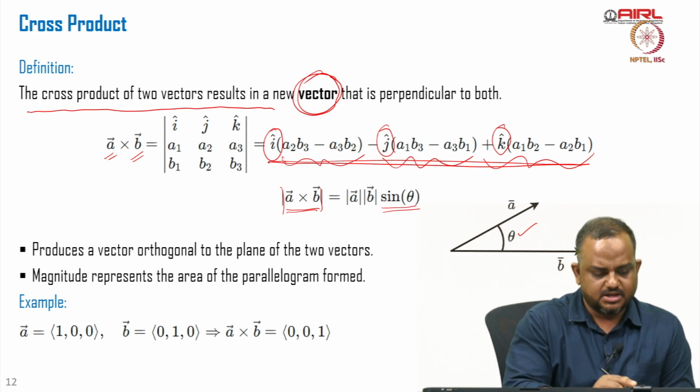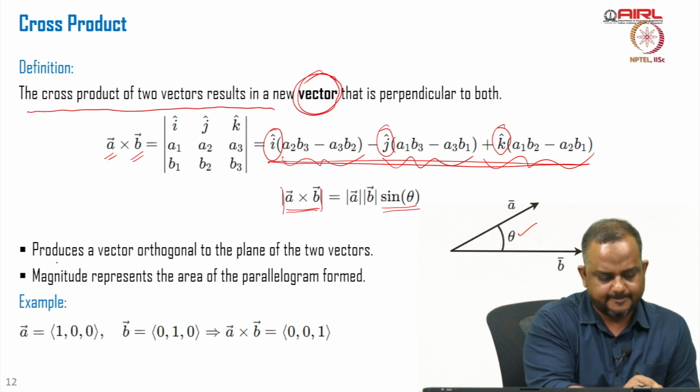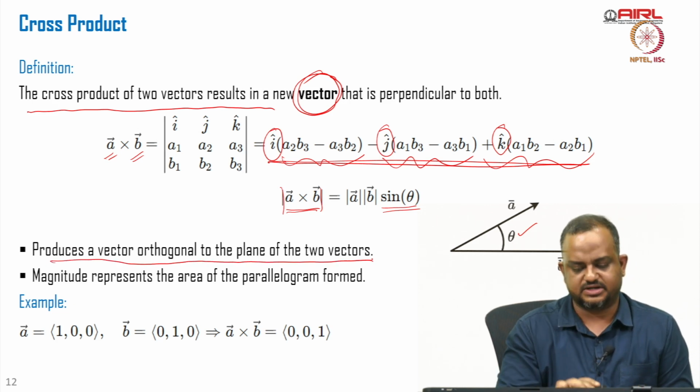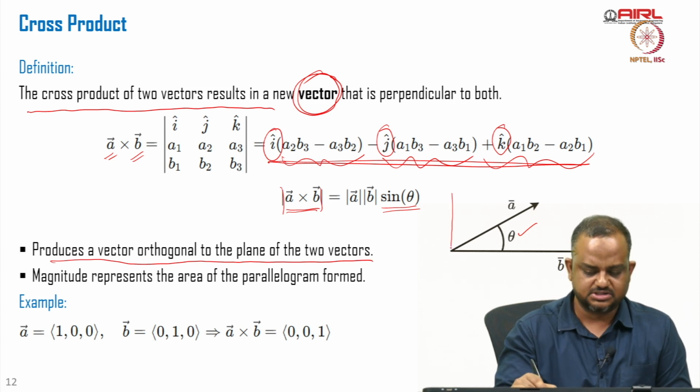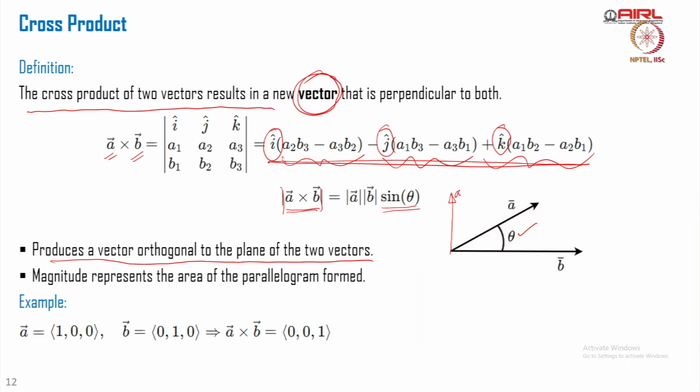So the cross product produces a vector orthogonal to the plane of the two vectors. When we take a vector A and another vector B and take the cross product, it comes like this. This cross product is orthogonal to the plane of the two vectors. The magnitude of the cross product is equal to the area of the parallelogram formed.